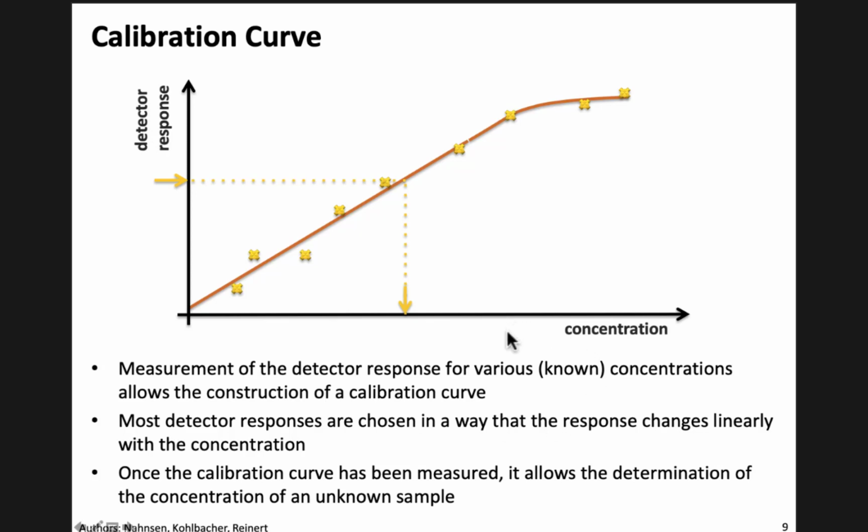And you plot that against the stock concentration that you actually injected. What you should expect and observe is a linear response of your detector. It doesn't have to be the case, but in mass spectrometry, as we will see, it's actually a decent approximation. But at some point, with every technique, you will observe some sort of saturation.